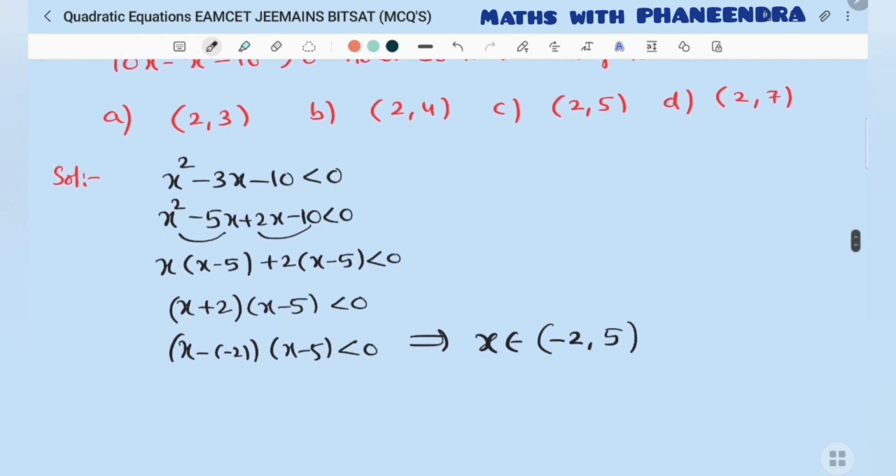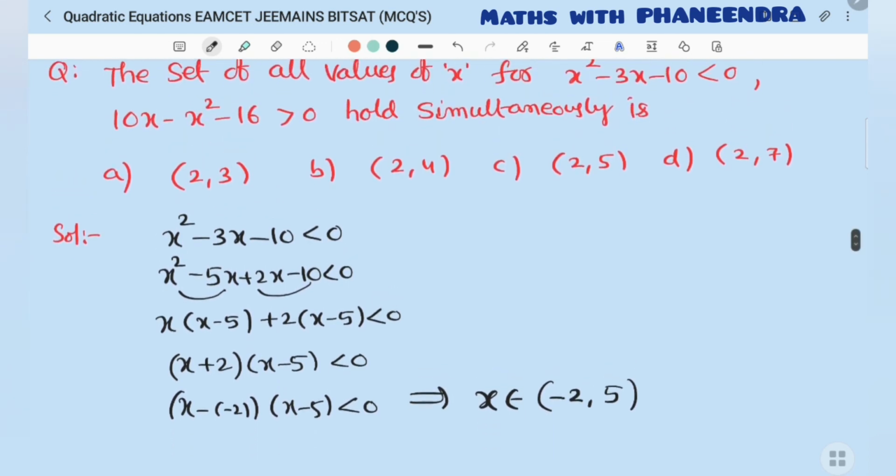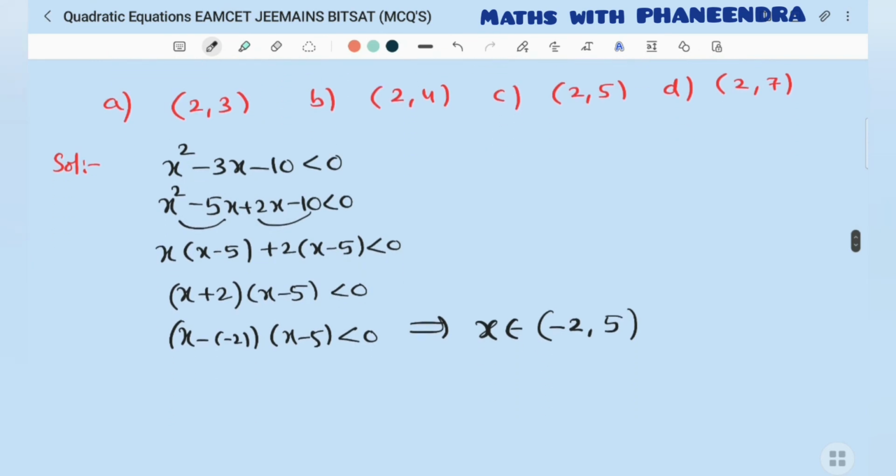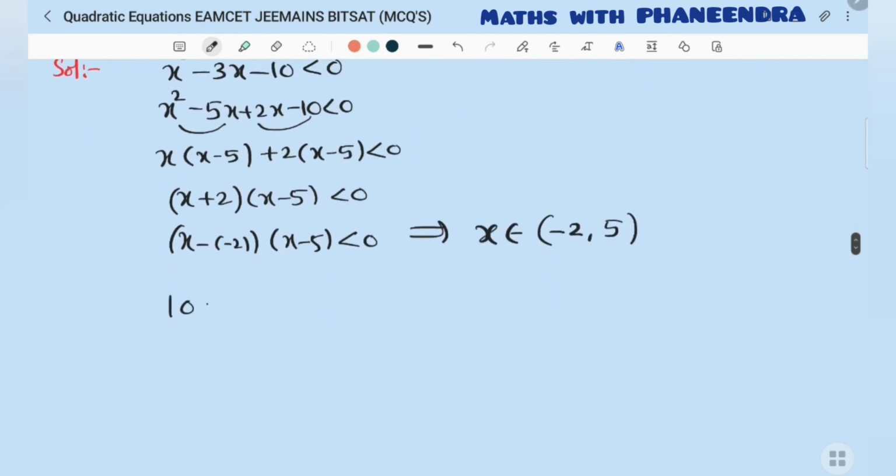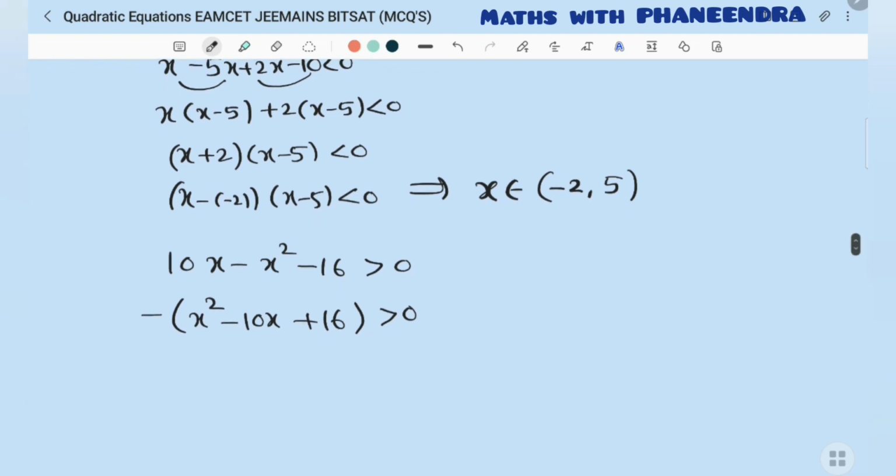This is regarding the first inequality. Next inequality is 10x minus x square minus 16 is greater than 0. So taking minus common, x square minus 10x plus 16 is greater than 0. If we remove minus here, the inequality will change. So x square minus 10x plus 16 is less than 0.